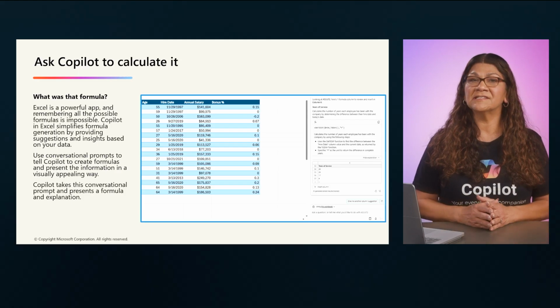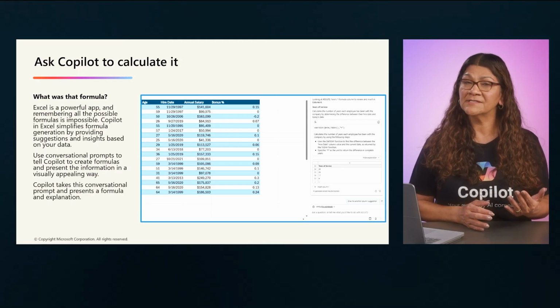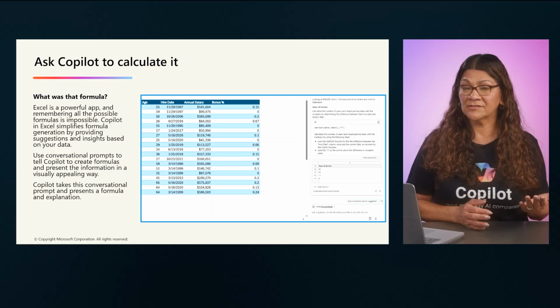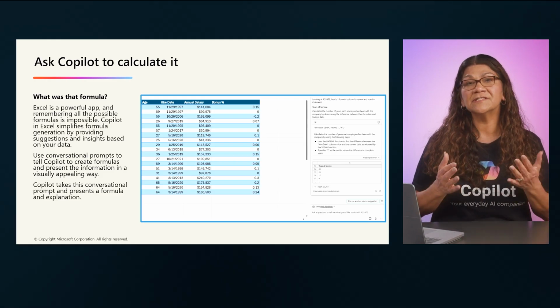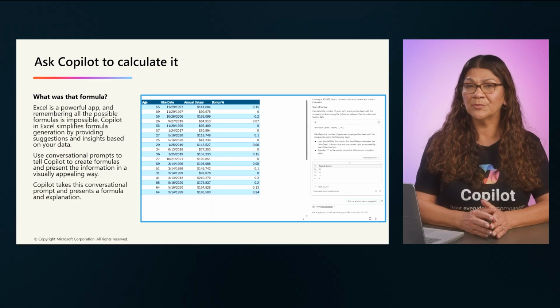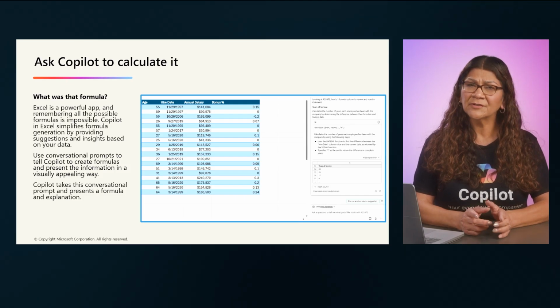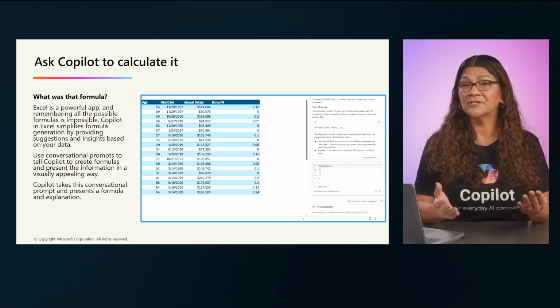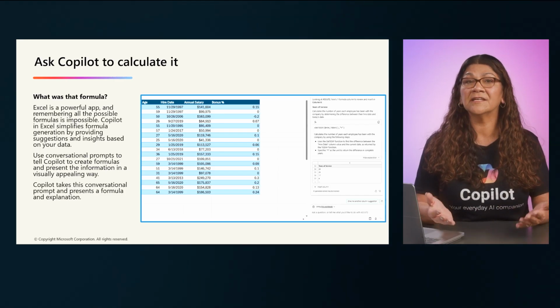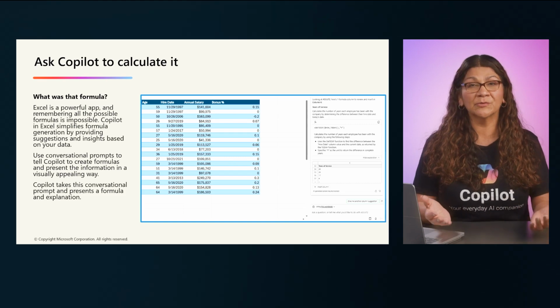Copilot simplifies this by suggesting formula columns, generating formulas from conversational prompts, and surfacing insights through charts and pivot tables. Instead of focusing on how to write the formula, you can focus on what you want to calculate, and Copilot translates that intent into accurate, usable results.